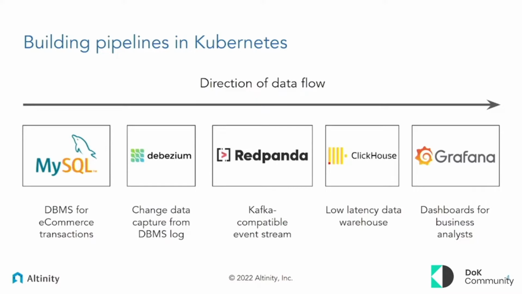From Red Panda, the transactions flow to ClickHouse, which is an open source SQL data warehouse that has very low latency and can process very, very large amounts of information. And then the data in ClickHouse is used to populate operational dashboards that business analysts can look at to find out the current state of the business, basically up to within a few seconds of what's happening on the e-commerce website.